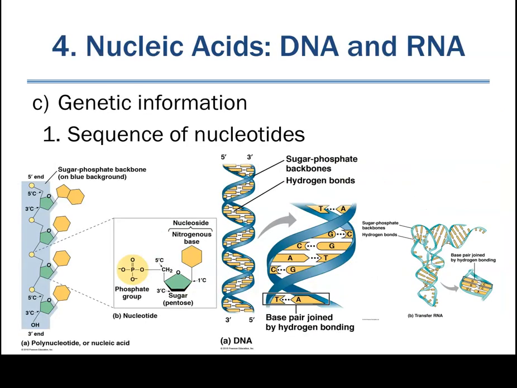The whole purpose of DNA is to be genetic information storage. So both our DNA and RNA are going to be made up of linked nucleotides, linked by their sugar and their phosphate groups. And the information in our DNA is coded based on the sequence of nucleotides. So it's going to be a 4-letter code that is going to help code for our protein and some other things in the cell.